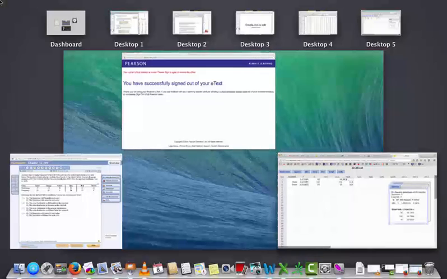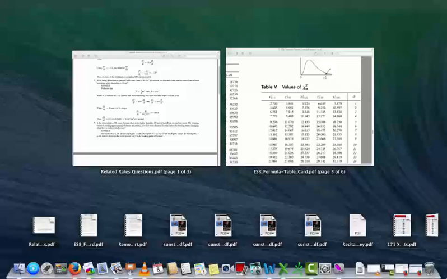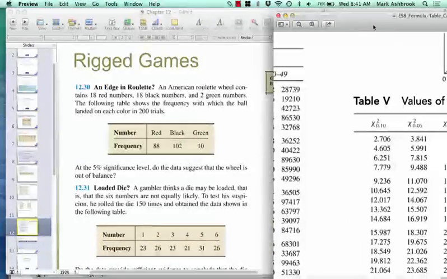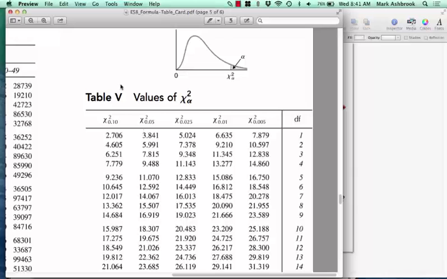So we go to our chart. Two degrees of freedom, 5% significance level, 5.991. And what was our chi-squared value? 1.06. So clearly this is not rigged, right?